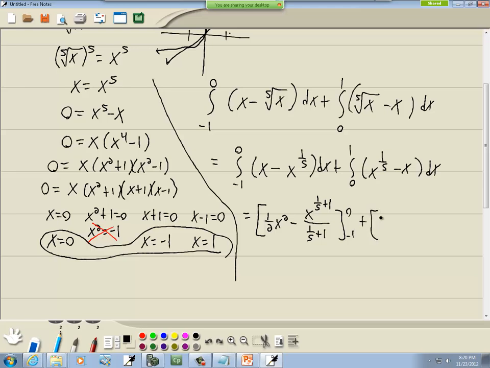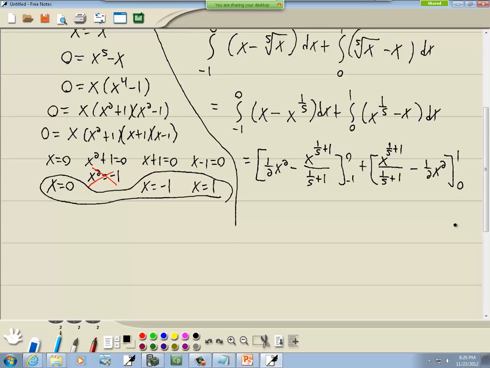And same way here, this will be x to the 1/5 plus 1 over 1/5 plus 1 minus 1/2 x squared. So it'll give us 1/2 x squared minus x to the 1/5 plus 1. 1 is like 5 over 5, so that gives us 6/5 over 6/5. And this one would be x to the 6/5 over 6/5 minus 1/2 x squared.